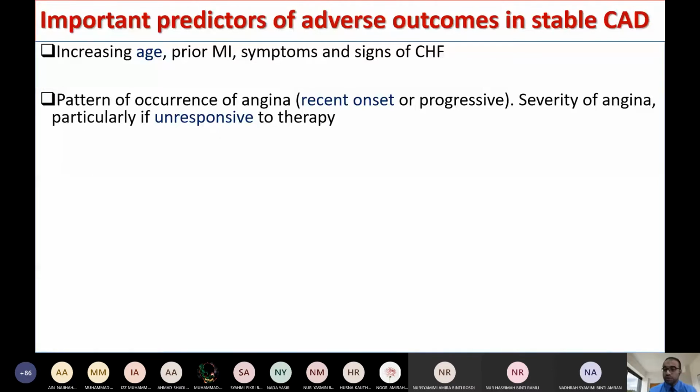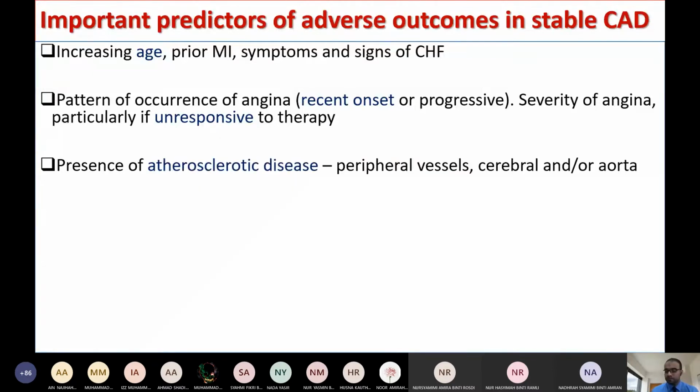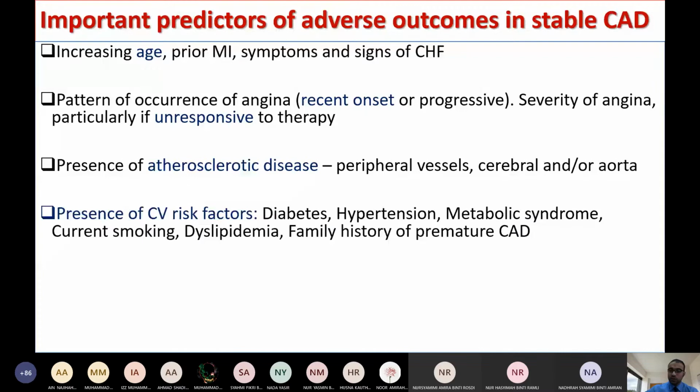Also, those with other atherosclerotic disease, such as problems in the peripheral vessels, cerebral stroke, aorta, and the presence of cardiovascular risk factors, the well-established ones, and how well they are all managed.